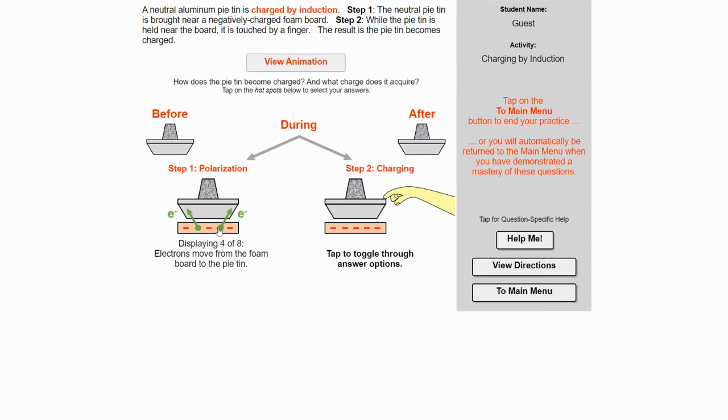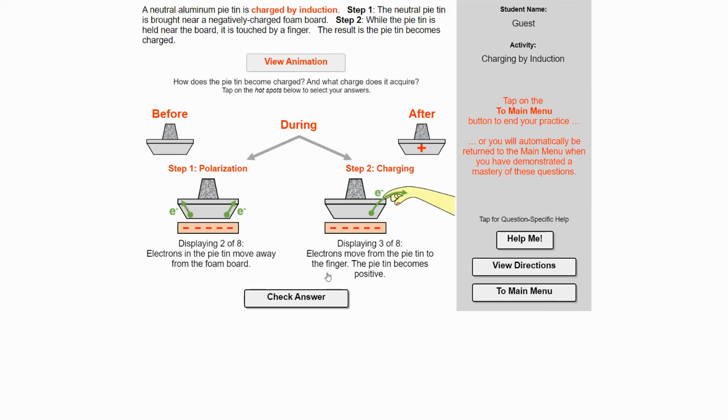These electrons from the board are not going to jump onto the plate. They're not going to move towards the negative charge. So this is going to be that option. Then the upper end is more negatively charged. So if I make contact with it, providing a path to the ground, some of that excess negative charge is going to wind up leaving to try and balance this out, leaving the tin positively charged.